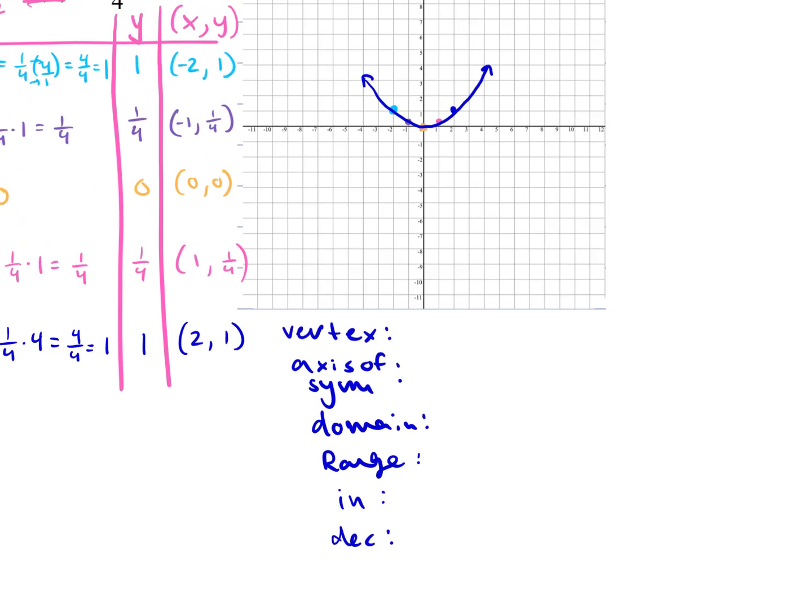Okay, so what's our vertex? 0, 0. Awesome. What is our axis of symmetry? x equals 0. Do not forget the x equals. Remember, axis has an x, so x equals. You needed the x equals 0 in your answer. What's our domain? All real numbers. You can abbreviate if you want. You can say ARN.